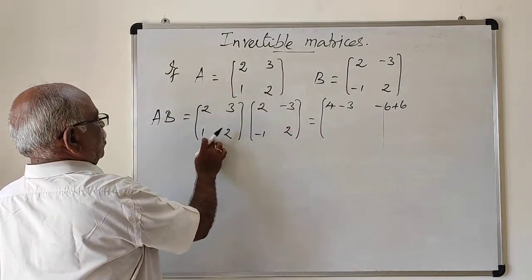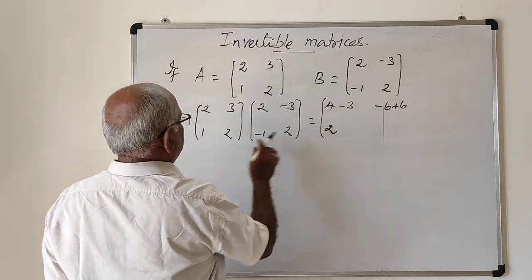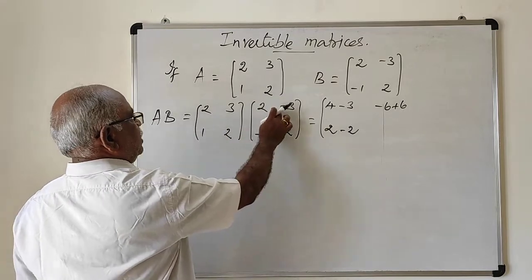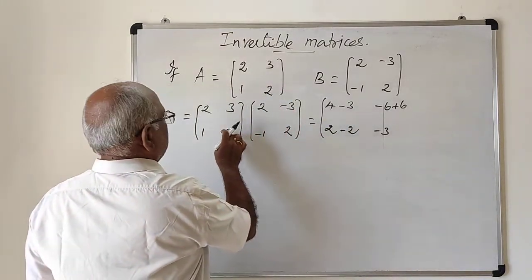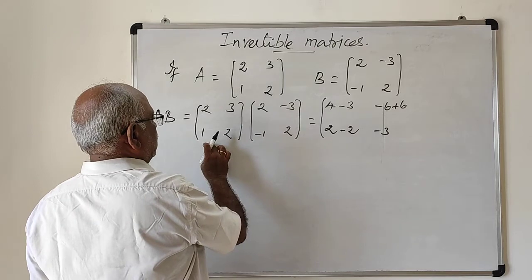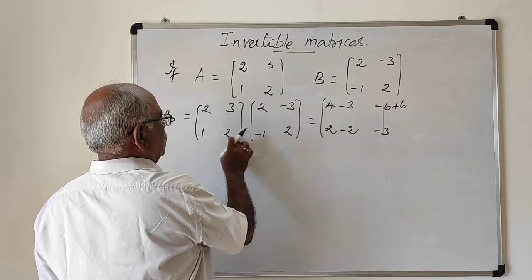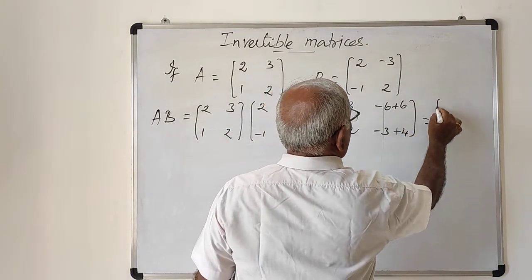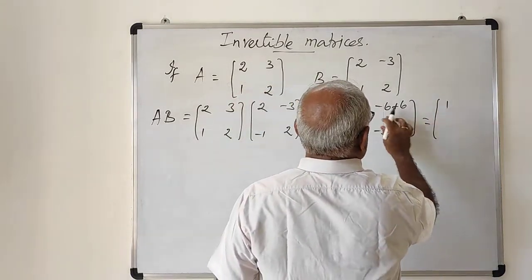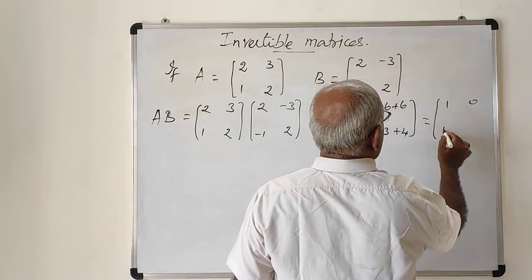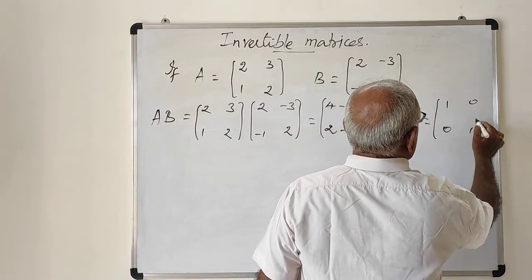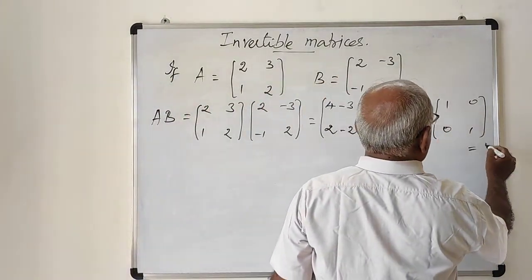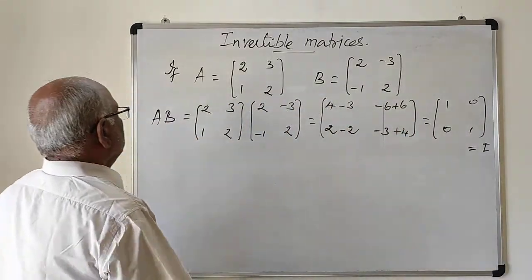Second row, first column: 1 into 2 is 2, and 2 into minus 1 is minus 2. Second row, second column: 1 into minus 3 is minus 3, and 2 into 2 is plus 4. On simplification you get 4 minus 3, 1; minus 6 plus 6, 0; 2 minus 2, 0; 4 minus 3, 1. See, this is I, the identity of order 2. AB equal to I.